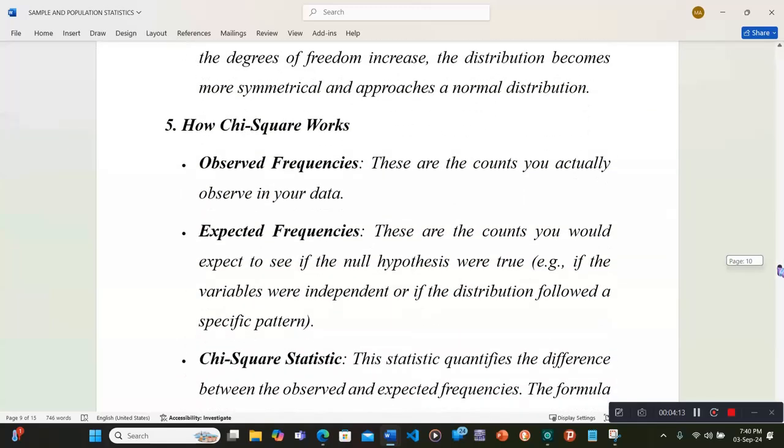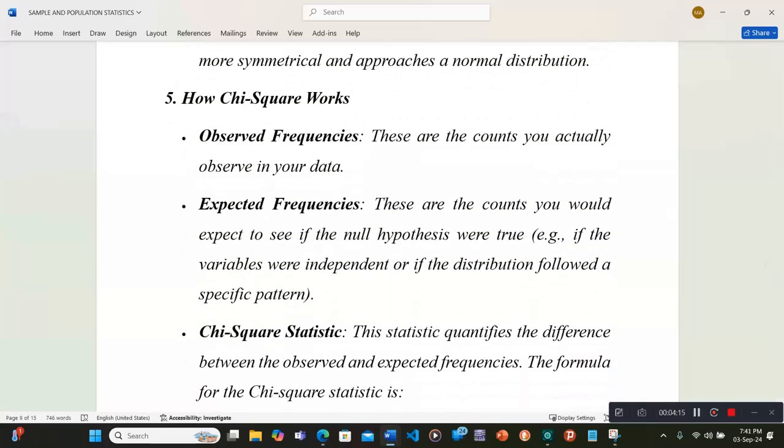So let us look at how a chi-square works. The observed frequencies are the counts that you actually observe in your data. If it is an experiment, this is what you observe. The expected frequencies are the counts you would expect to see if the null hypothesis was true, if the variables were independent, or if the distribution followed a specific pattern.